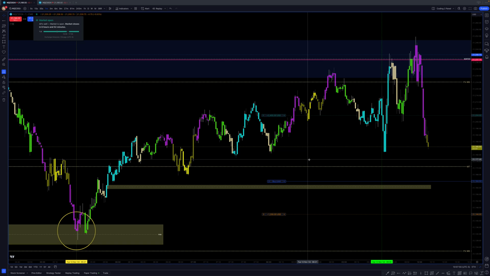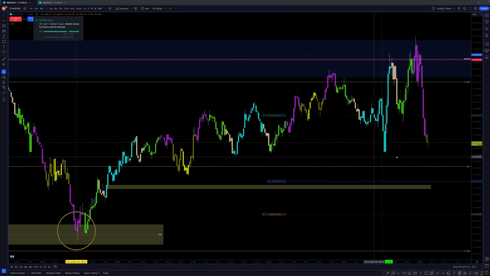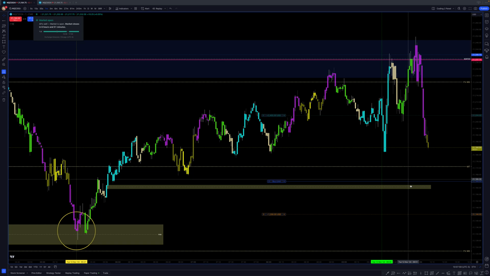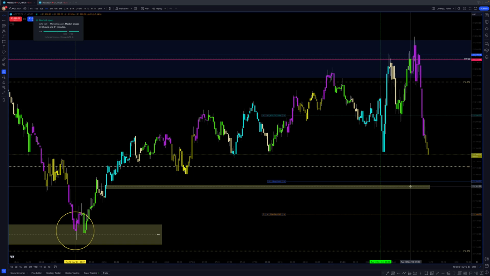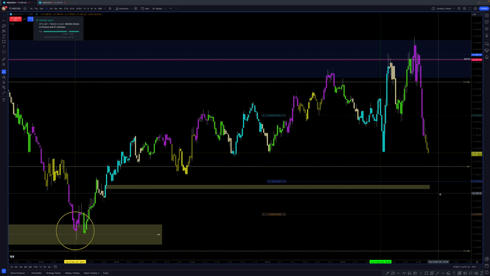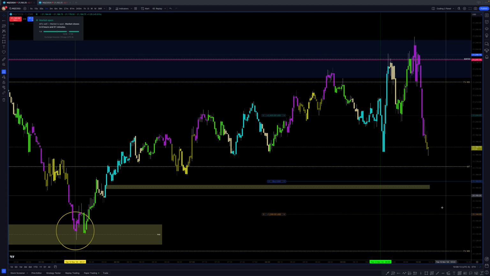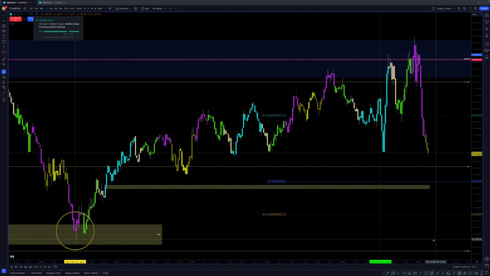My hope is that it shoots down pretty quickly into where our buy limit is, and hopefully we can fill it on a buy limit. That's my thought process. I hope that's the way it works out. So we're just going to leave it right here and watch and see.